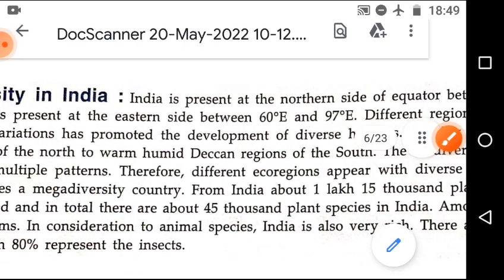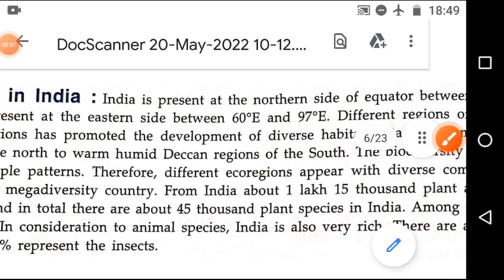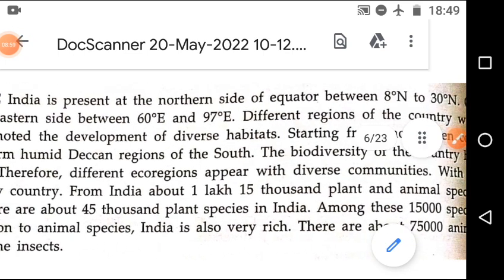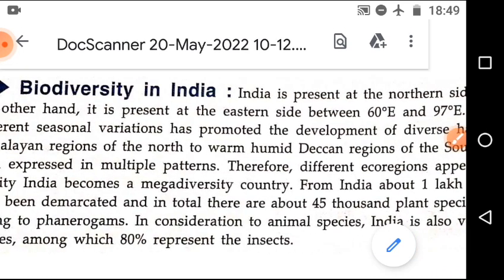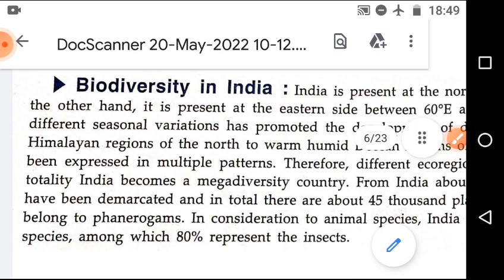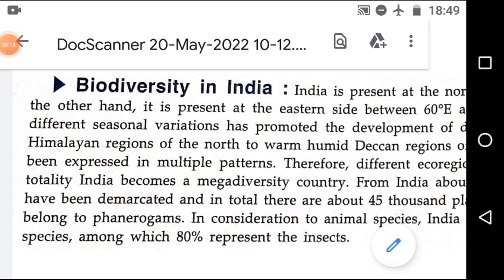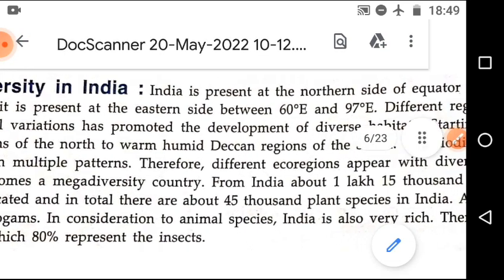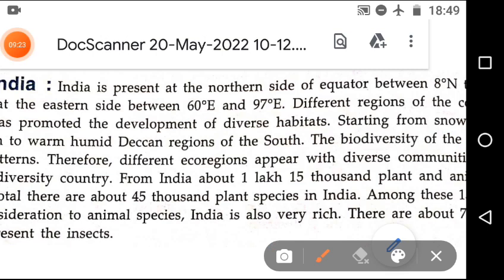Now it is saying, from India about 1,15,000 plant and animal species have been demarcated, and in total there are about 45,000 plant species in India. So it is estimating how many types of species there are in India.